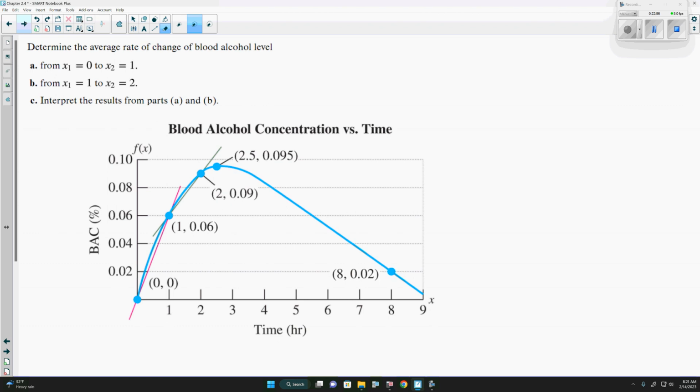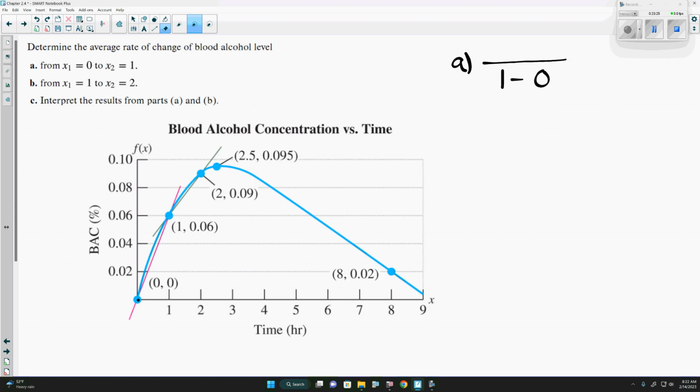Determine the average rate of change in blood alcohol level from x1 equals 0 to x2 equals 1. Slope. Change in y over change in x. So we could say we're going from 1 to 0. They gave us the x values. Did they give us the y's? Well, technically, no. We have to find them.